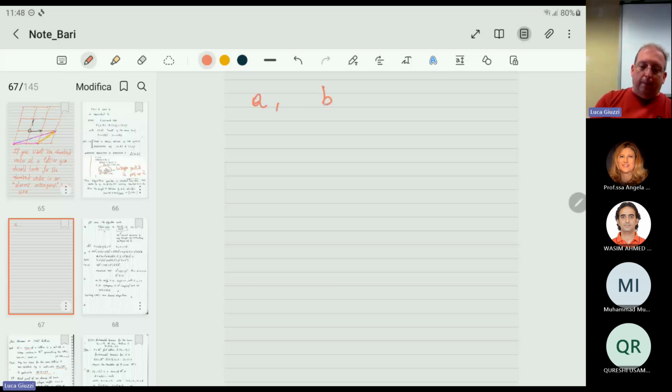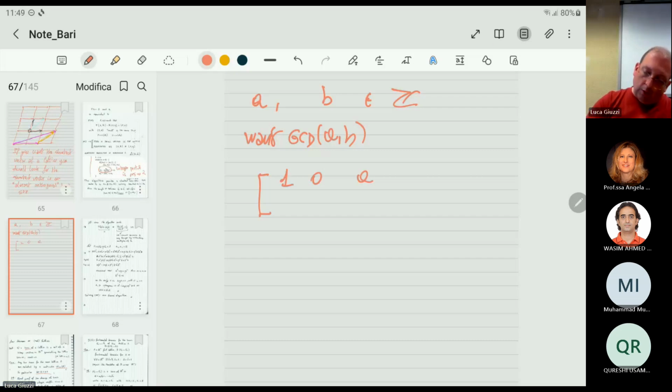You have A and B, which are integers. You want the GCD of A and B. And then you set up a lattice whose basis is (A, 0, alpha) and (0, B, alpha), with alpha large.